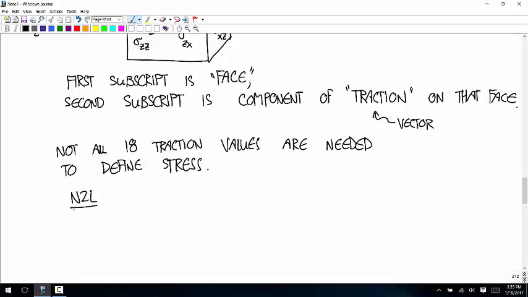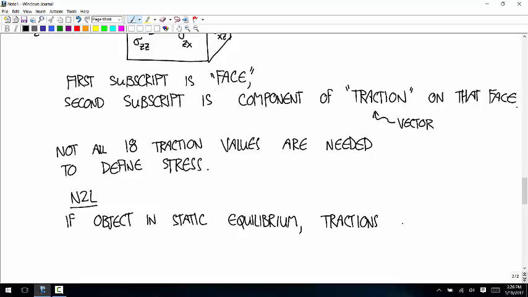If you go through the analysis and require that the object is in static equilibrium, not accelerating, tractions on negative faces have to be equal and opposite to the tractions on the positive faces.